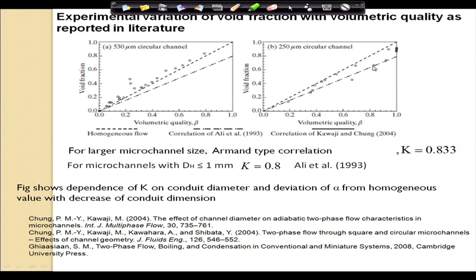Most of these data have been obtained from image analysis and photographic techniques, so there is a high chance that at such high void fractions, since the liquid exists as an annular film, it is very difficult to estimate the thickness of the thin annular film in the microchannel. Therefore, this deviation has been attributed to inaccuracies inherent in the image analysis technique by the researchers who experimented on this.